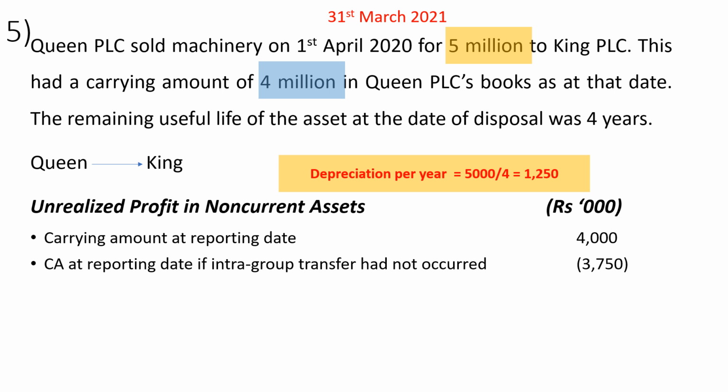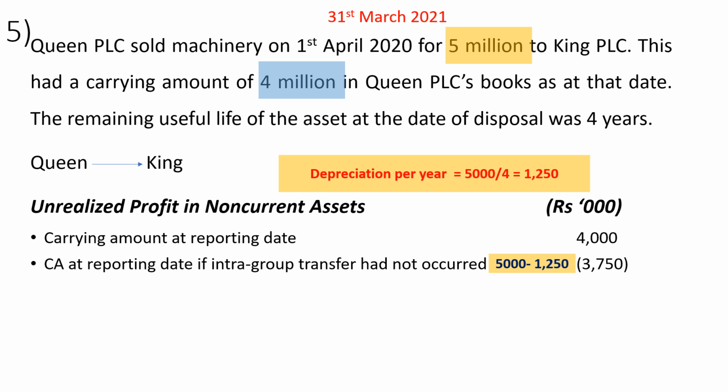The useful life is 4 years. Therefore, per year it will be depreciated by 1,250. Since it has been depreciated for just 1 year, from the 5,000 we deduct 1,250.